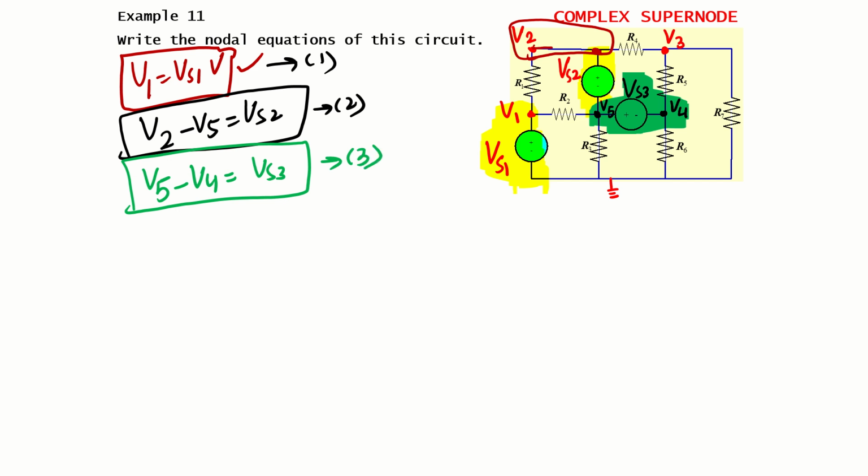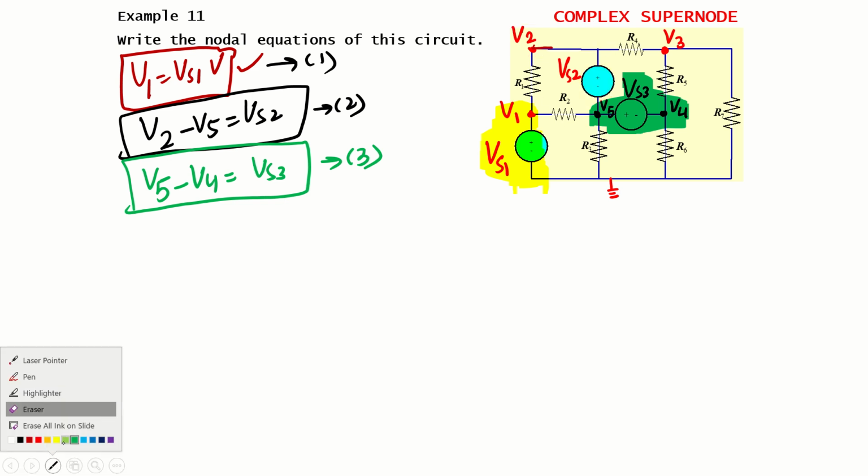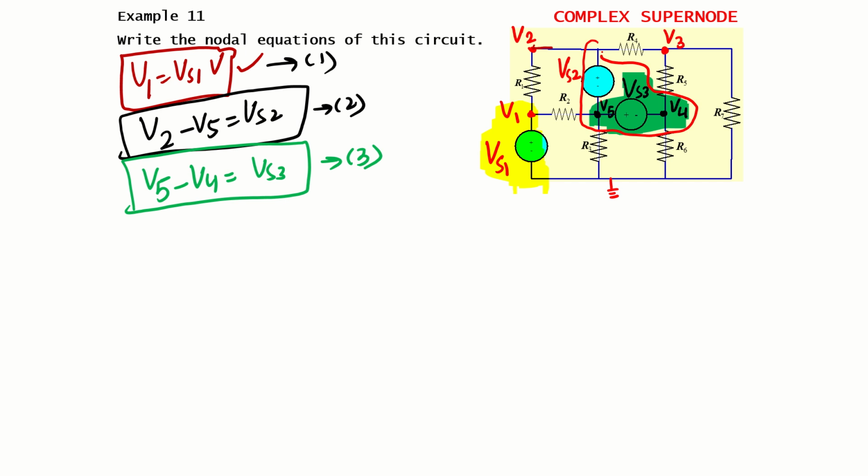Here we notice one important thing: we have 2 supernodes that are interconnected because of the overlapping node V5. So we can assume that these 2 overlapping supernodes make one complex supernode.